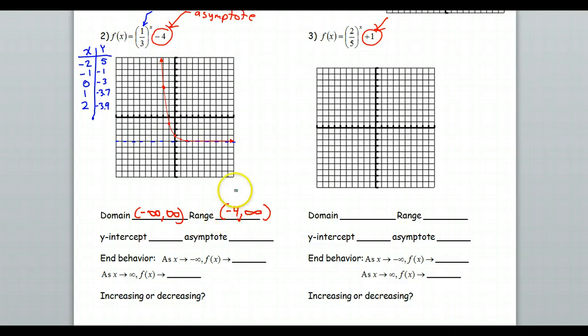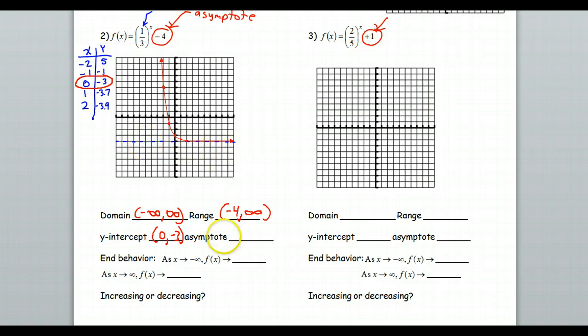Again, I'm using round parentheses because the curve gets closer and closer to the asymptote, but it actually never ever reaches it. If I kept looking at these values, it would go -3.9, -3.9999999. It never gets to -4. So we show the round parentheses to show it never gets there. The y-intercept, okay, I see the y-intercept right there. It's always 0 comma something, 0 comma -3.